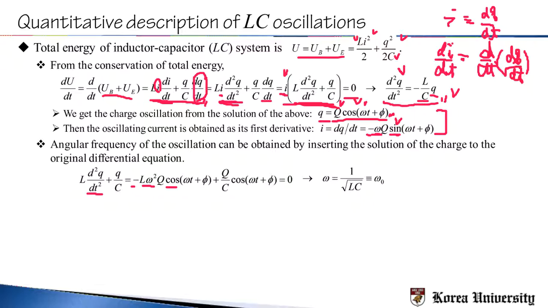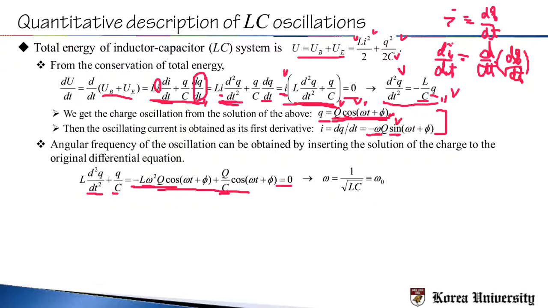Originally you started from cosine, and here you have minus cosine because you took the second derivative. How about the second term? It is simply Q divided by C, the same Q, divided by C. And the total amount will simply become 0.